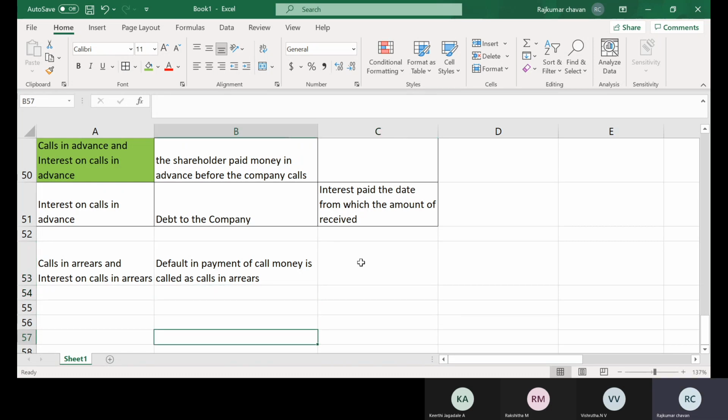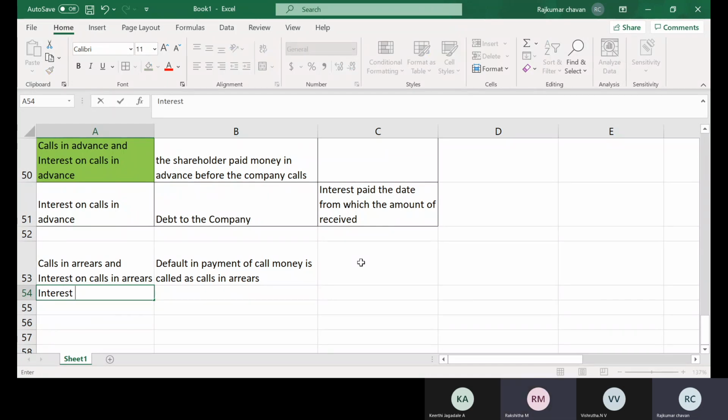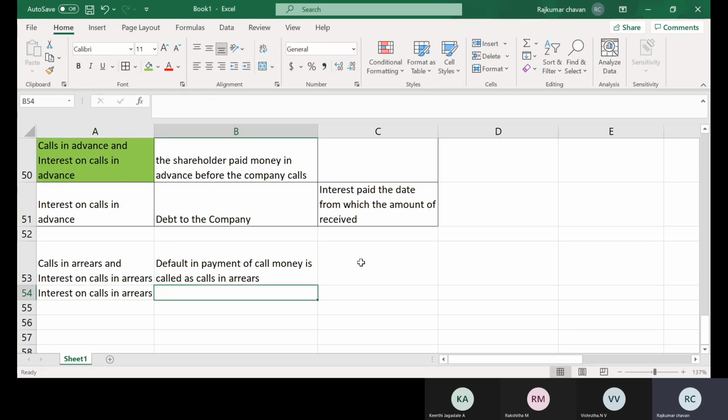Tell me, is calls in arrears a debt to the company? Is it a debt? Next one is interest on calls in arrears. Now tell me, who will get interest here?